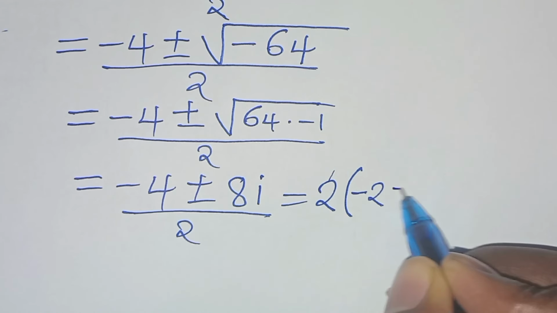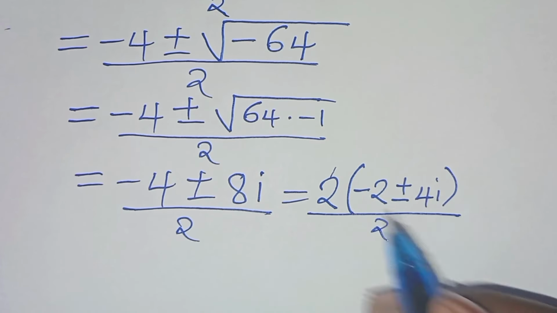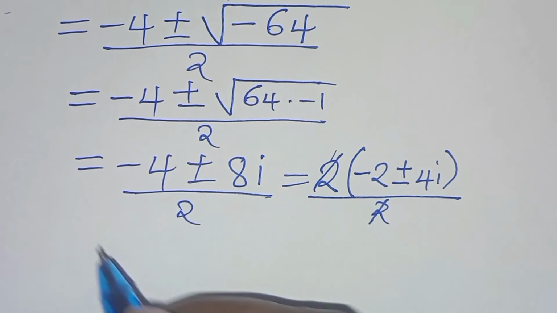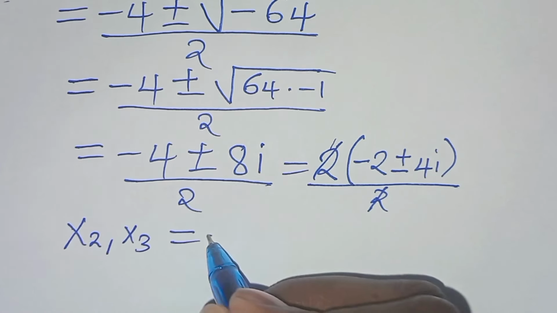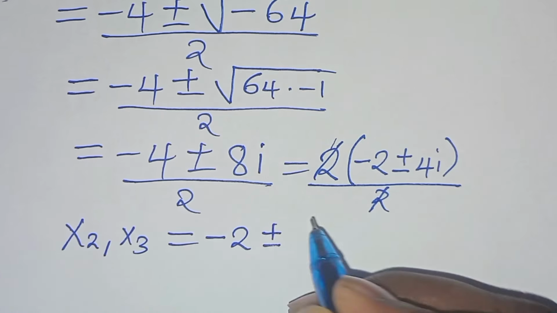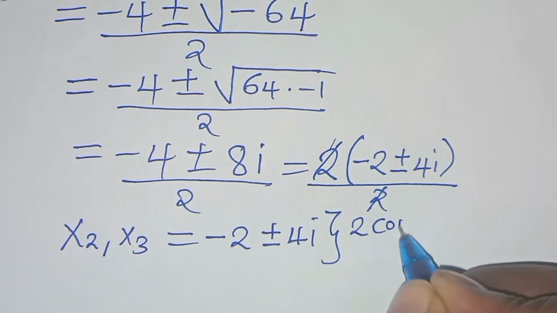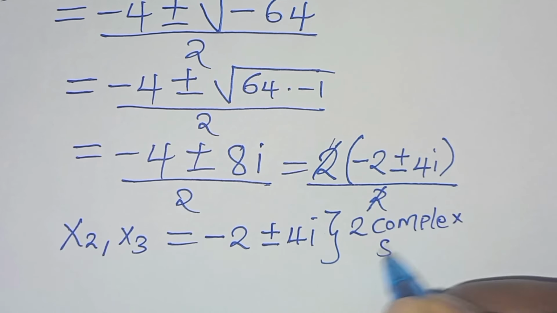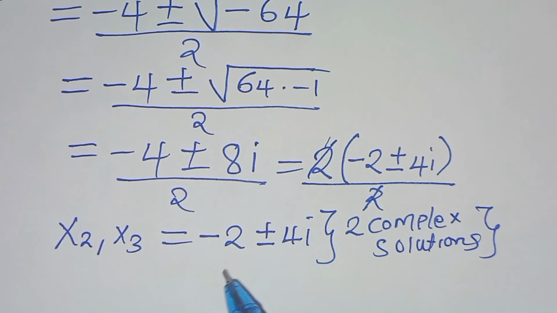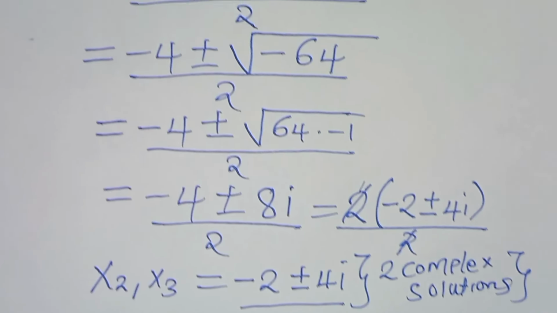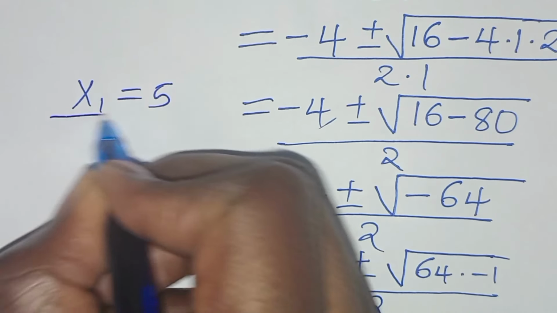This is minus 2 plus or minus 4i, divided by 2. So let's simplify so that x2, x3 is equal to minus 2 plus or minus 4i. So these are two complex solutions from this algebra problem, and only one real solution, which is x1 equal to 5.